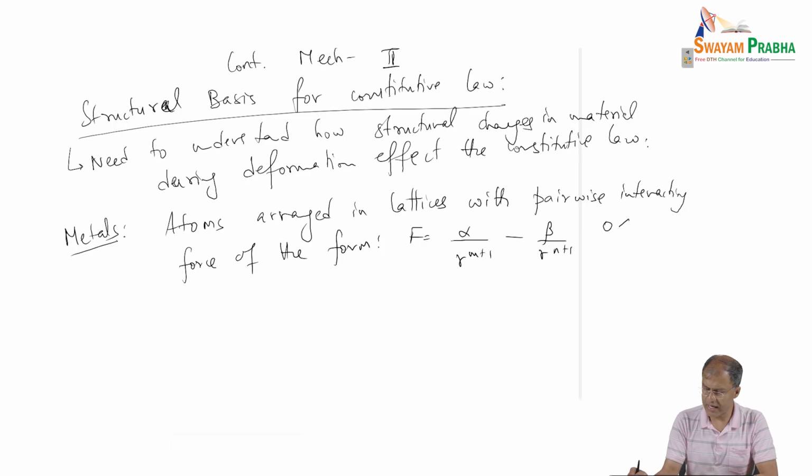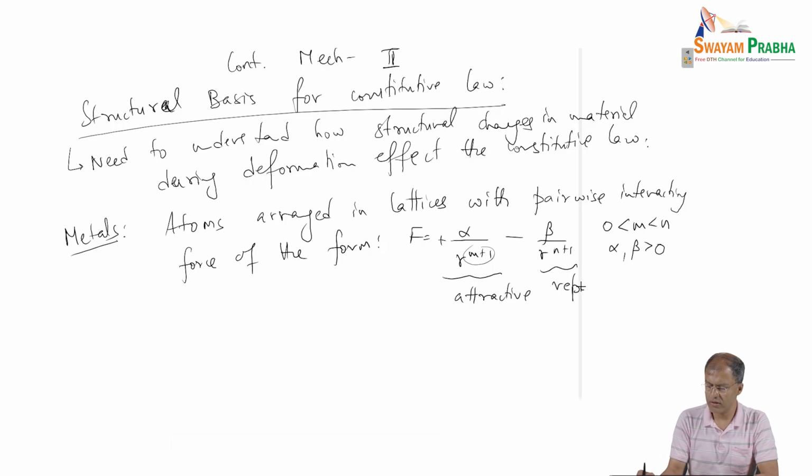The powers of these factors are all positive, and alpha and beta are positive constants. So we see that the first term in this potential represents an attractive force with a positive term, and the second one is a repulsive force with a negative term.